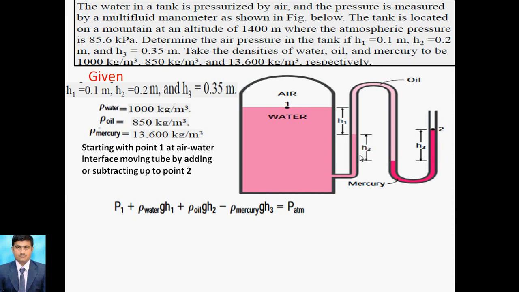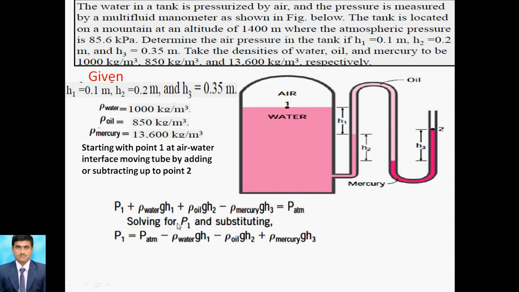Then minus rho mercury g h3 is equal to P atmospheric. Here atmospheric pressure is there, so you can write this. Why is it minus? Because we have taken it on the right hand side, that's why you take minus over there. So the equation becomes like this.